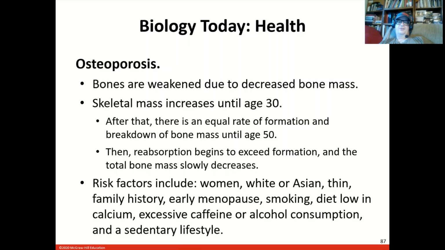Risk factors of osteoporosis: being female, being white or Asian, being thin, having a family history of osteoporosis, having early menopause, smoking, and a diet that doesn't have enough calcium in it.